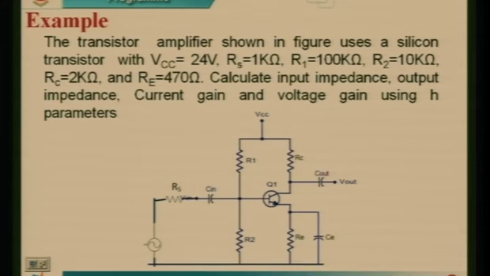One way of doing this is to write an equivalent circuit of the transistor amplifier and then analyze it. First, let us consider an equivalent circuit of the amplifier.